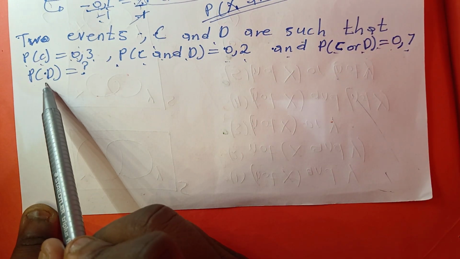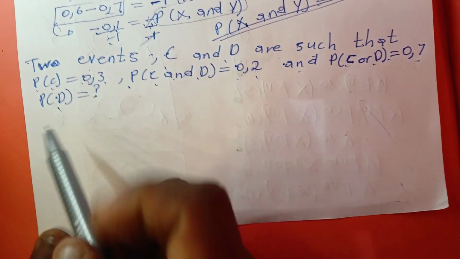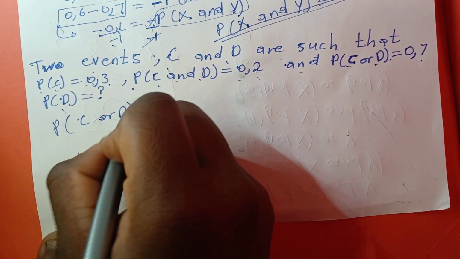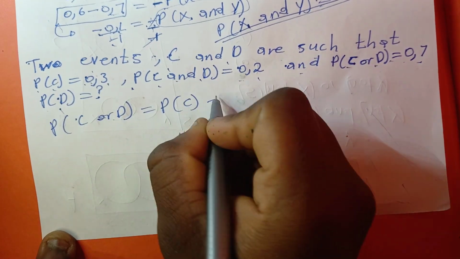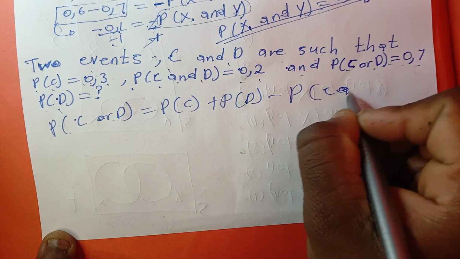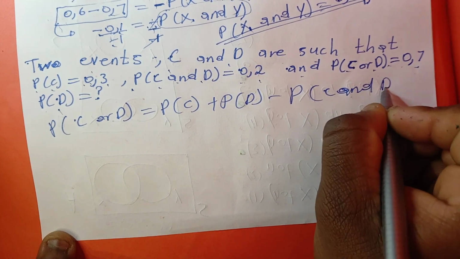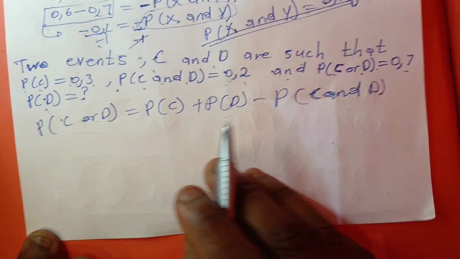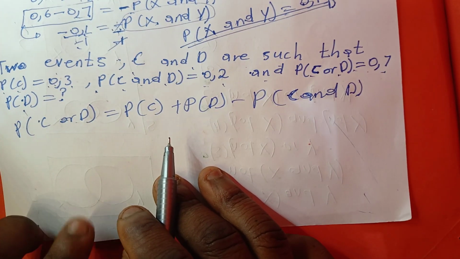Determine the probability of D. So now here we apply the general equation. The probability of C or D is equal to the probability of C plus the probability of D minus the intersection of C and D. Do you see?